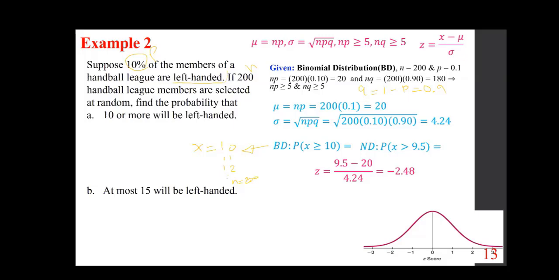Now, what you should do at this point, so we went from binomial distribution to normal distribution, and this is standard normal distribution. And from standard normal distribution, I like to do the graph. So we want it to be larger than, let's say, roughly here, anything to the left of negative 2.48, almost 100%.